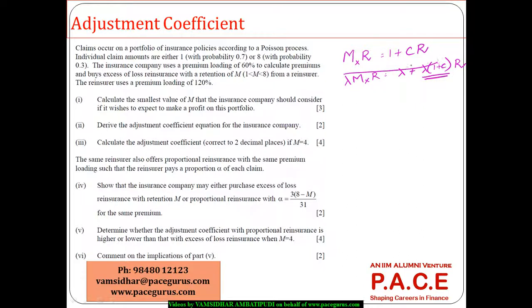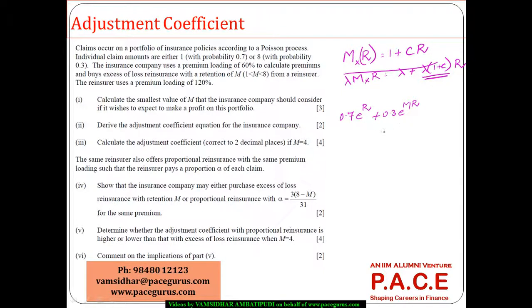So for simplicity, I'll try out the first one, the moment generating function with respect to r. Now look at the moment generating function for this scenario. There is a 70% probability of a claim of 1 and 30% probability that the claim is m. So this is what becomes the moment generating function.